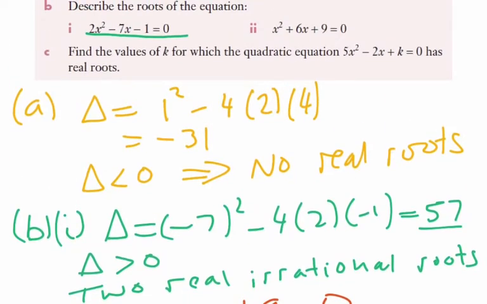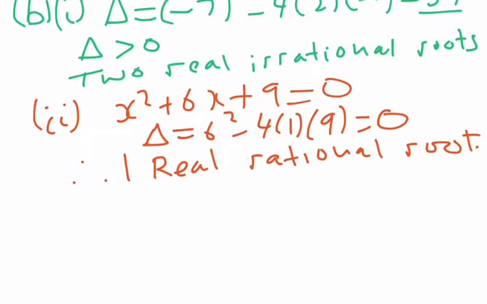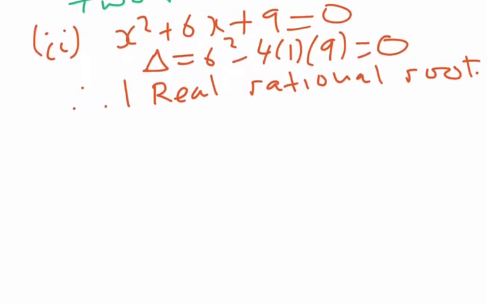Now, what about the last question? The last question says find values. Okay, so let's do that. Scroll up a little bit. I've got 1 minute left on this video, so I've got to be quick. I've got a 30-minute limit.